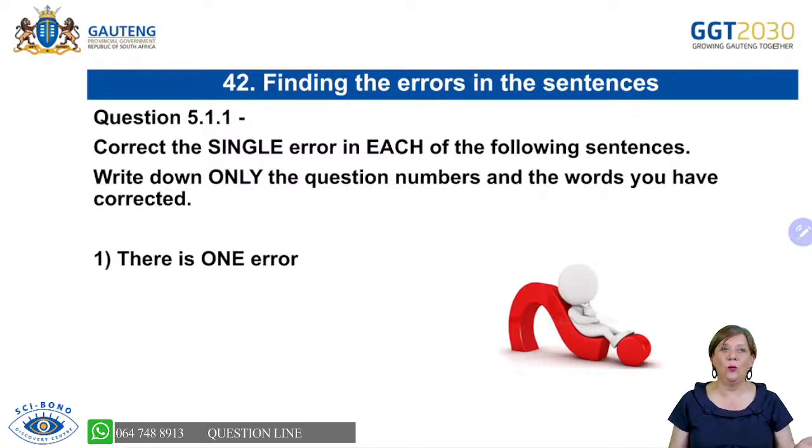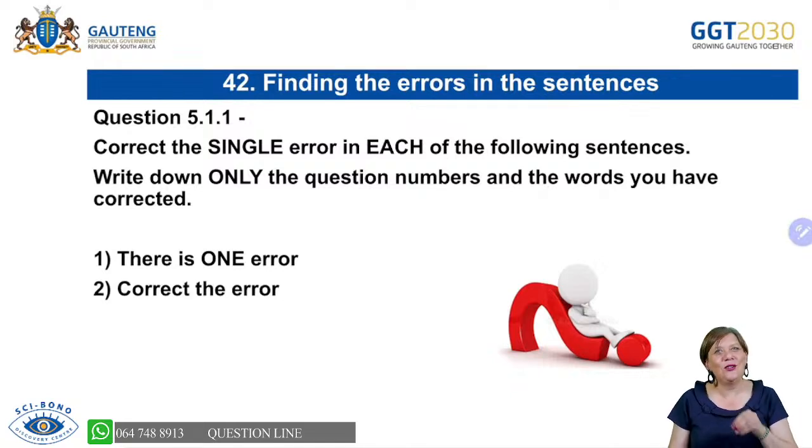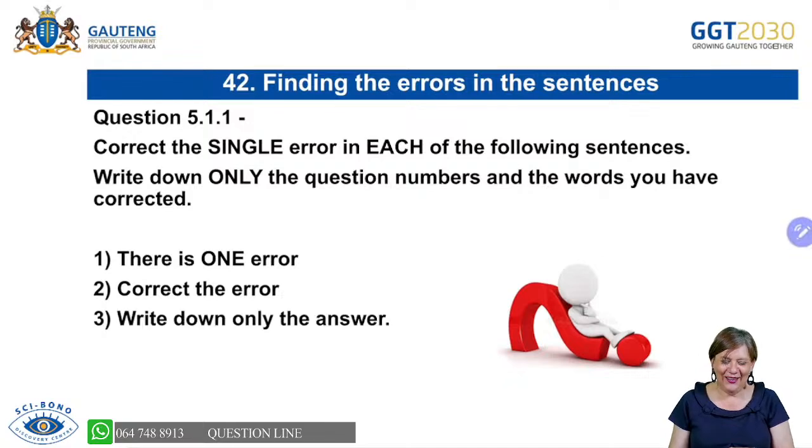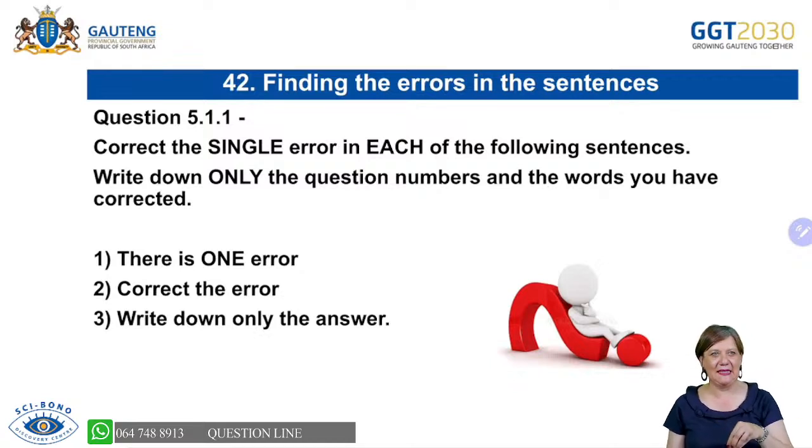Well, first of all, there's only one error. So don't try and find more than one. There's literally only one. Second one, you need to correct it for us. And thirdly, write down only the answer. If you decide to rewrite the whole sentence, you have to underline to show me this is where I changed it. So, best idea, just follow the instruction, just write down the answer. Easy as that.